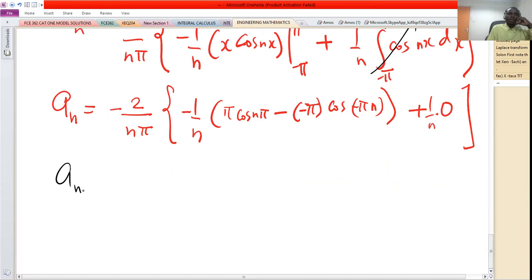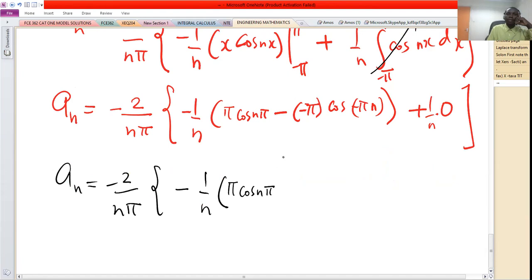So an is minus 2 over n pi times minus 1 over n, this is the same as pi cosine of n pi, minus is plus, and then cosine of a negative angle is the same as cosine of the positive angle, so cosine n pi.